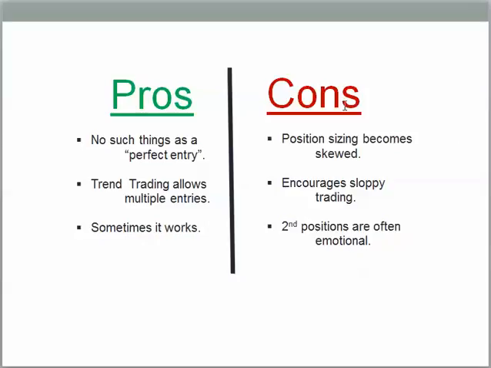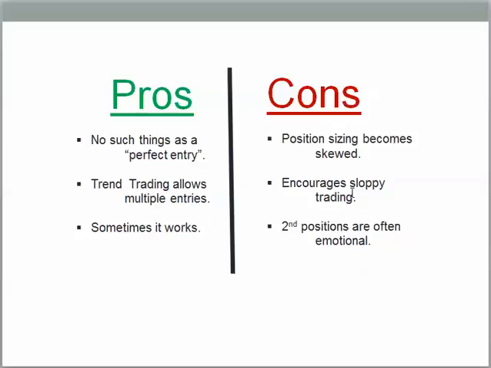So looking at the cons over here, the problem with it is that your position sizing becomes skewed unless you're using like half position on each of the two separate trades. Then you're actually doubling down, as they say. You're actually entering a two-size position for a trade that's not working out. And when you phrase it that way, it kind of makes sense that this doesn't make sense.